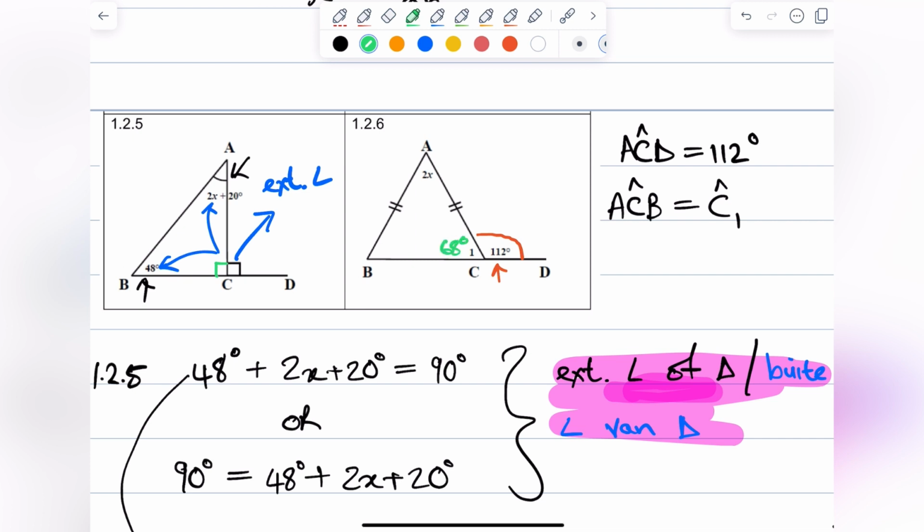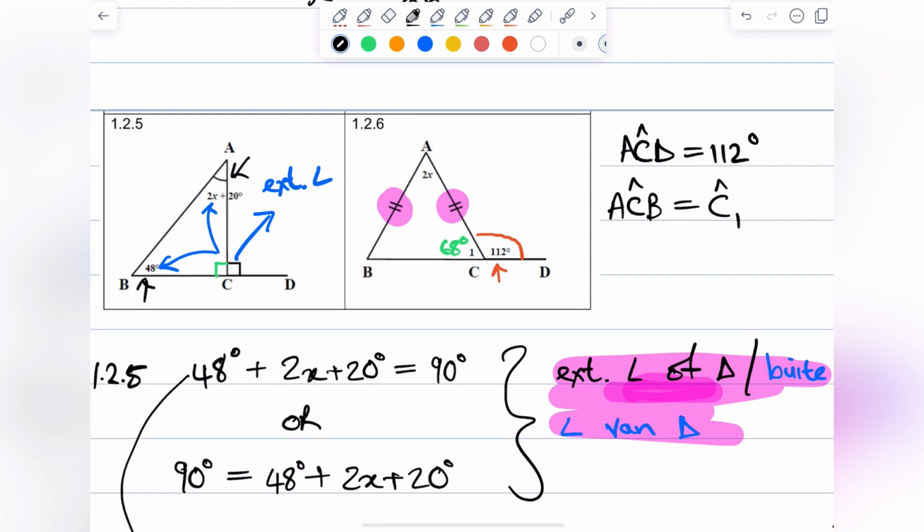Now, because this is an isosceles triangle, we must not forget that the two sides are equal. We know that in an isosceles triangle, the base angles are equal. So angle B must also be equal to 68 degrees.